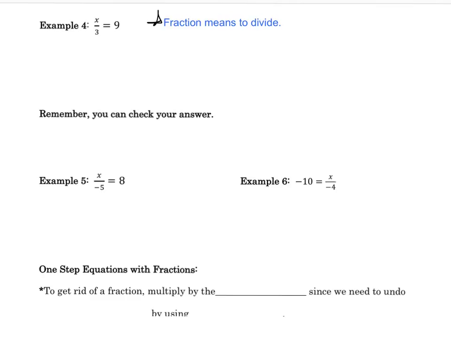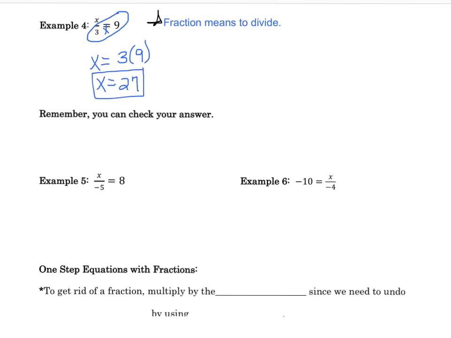So we're going to undo division by multiplying. What I like to do is circle my two numbers, just like that, and we're going to multiply those two numbers. So we're going to bring down our x and our equal sign, and now you're going to multiply 3 times 9. And what's 3 times 9? 27. So x equals 27.